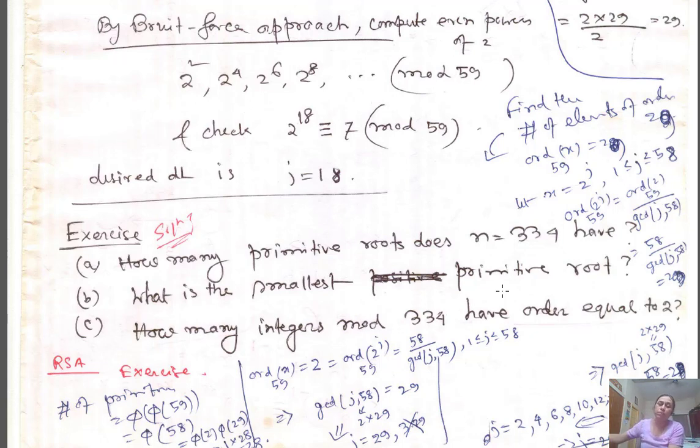You don't have to check all the powers, only the factors of phi n. And if 2 is not a primitive root, then you have to go for 3, then try 5, like that. How many integers modulo 334 have order equal to 2? These questions you can easily answer now. It is the same type of problem I have discussed how to solve. Just try.